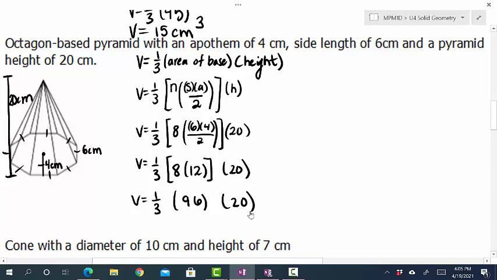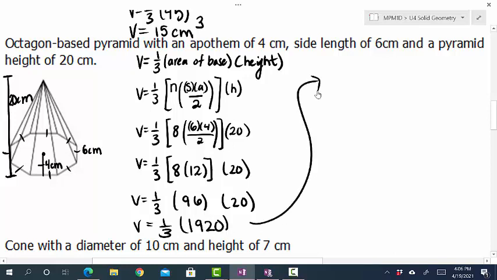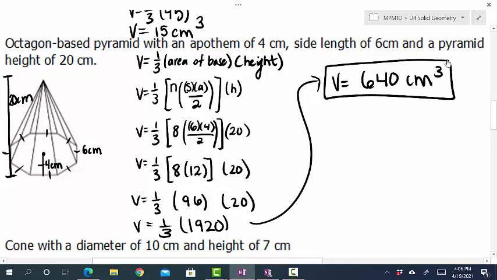Now we have 96 times 20, which is 1,920. And finally, the volume is 1,920 divided by 3. So the volume here is 640 centimeters cubed. The tricky part here is remembering how to calculate the area of an octagon.